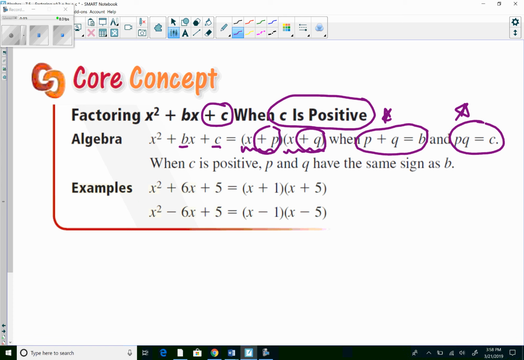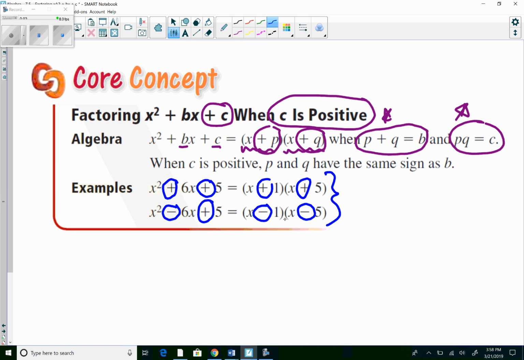If we look at these two examples down here, there's really a couple of ways that this could happen. Notice how when b and c are positive, both of your signs are going to be positive. But when b is negative and c is positive, your signs end up both being negative.